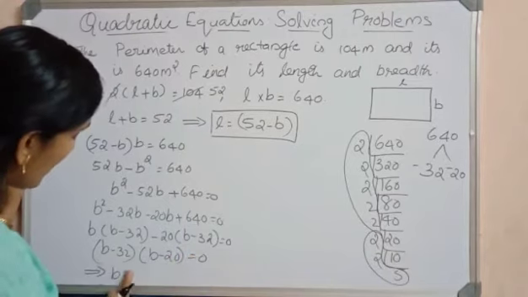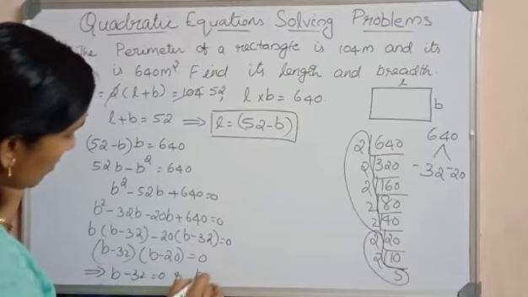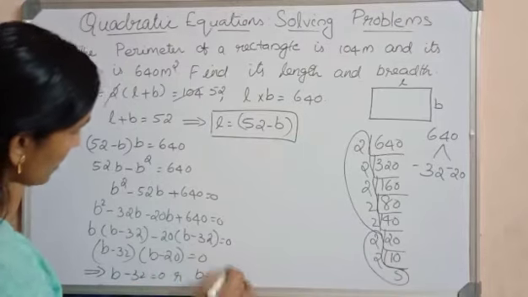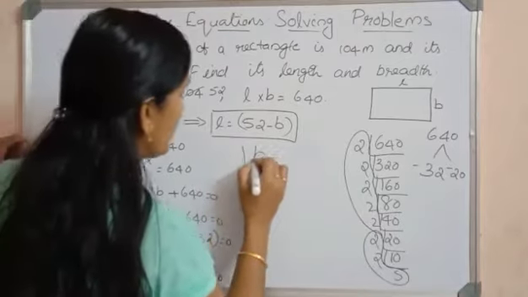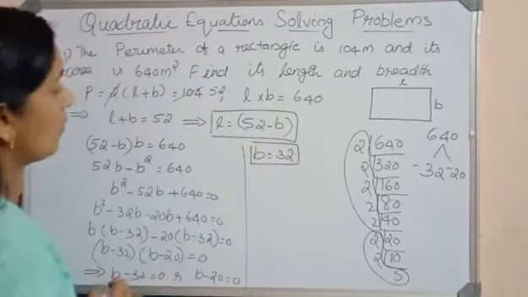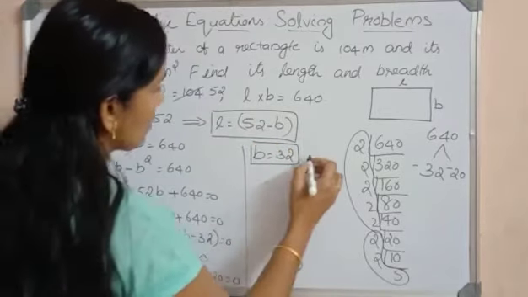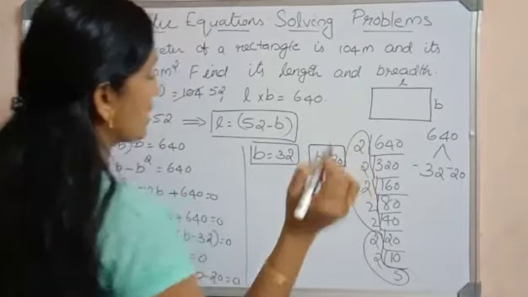This implies either B minus 32 is equal to 0 or B minus 20 is equal to 0. When B minus 32 is equal to 0, B will be 32, or when B minus 20 is equal to 0, B is equal to 20. These are the two possibilities we are getting.